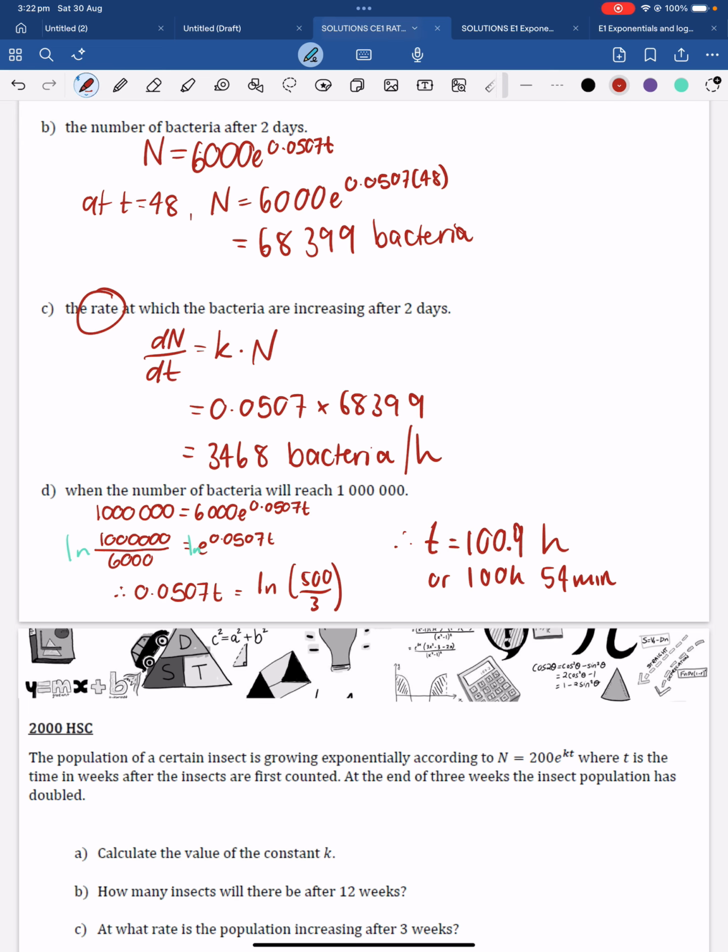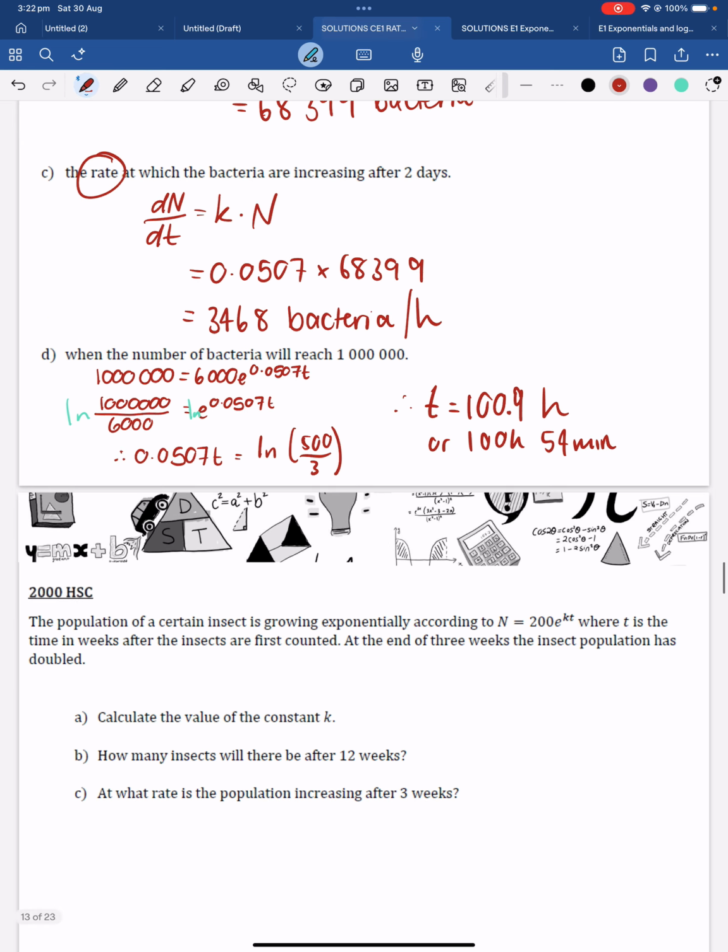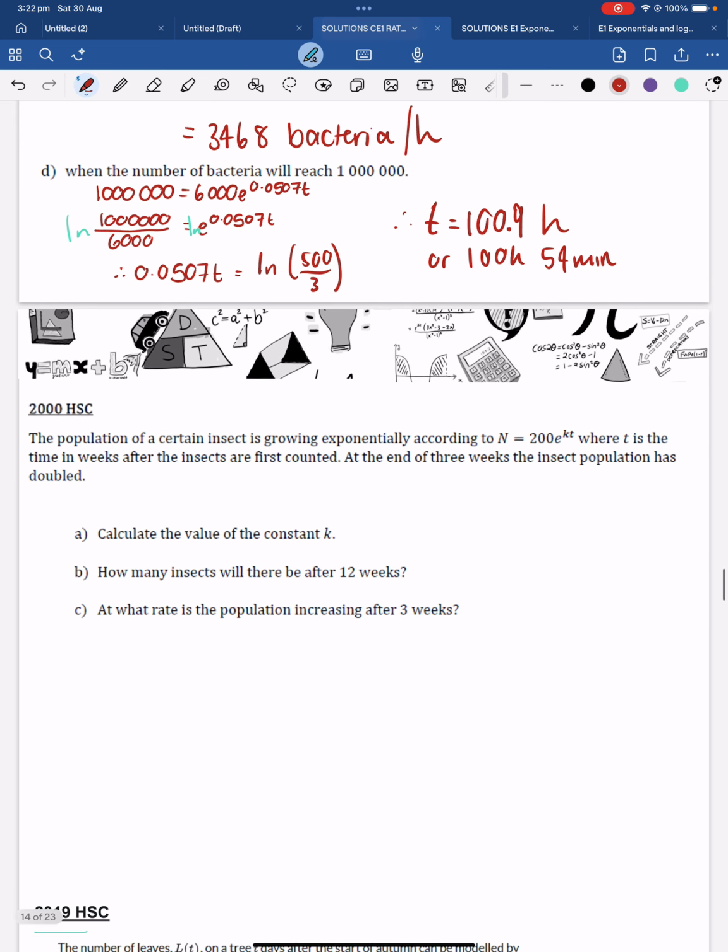All right, there we have it, just solving our exponential equation.